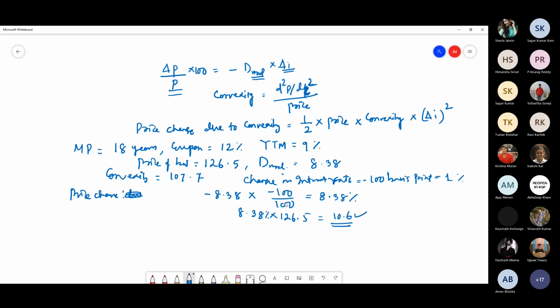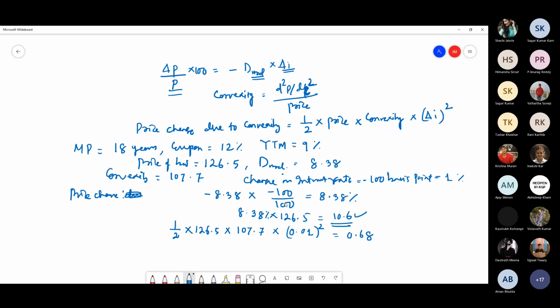And the price change due to the convexity will be 1 by 2 into 126.5 into the convexity, 107.7, into the 1% change in interest rate, that is 0.01 squared. That will come to around 0.68.